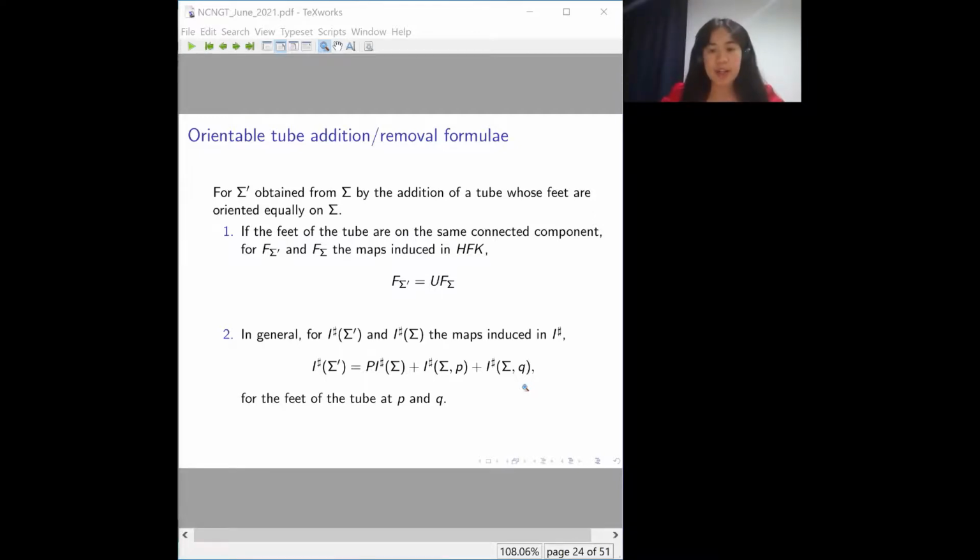In general, if I sharp sigma prime and I sharp sigma are the maps induced in I sharp by sigma prime and sigma, where sigma prime is obtained from sigma by the addition of a tube whose feet are at P and Q, then I sharp of sigma prime is P times I sharp of sigma plus I sharp of sigma dotted at P plus I sharp of sigma dotted at Q. So if P and Q are oriented equally and are on the same component of sigma, then these last two terms cancel, because we're working in characteristic 2.